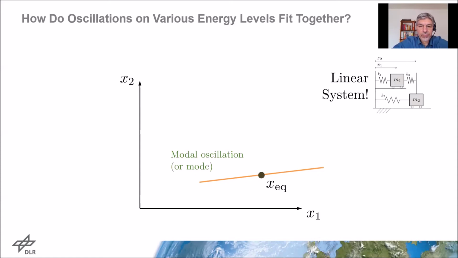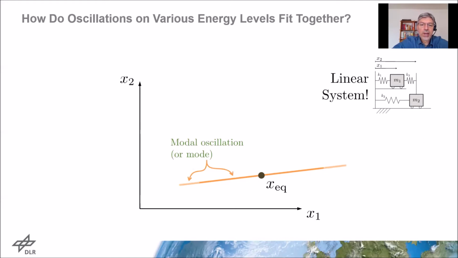We start from the linear mode, as we always did, and we know that the linear mode is a line passing through the equilibrium point, and the amplitude of the oscillation will increase for every energy level, but the motion will always stay on that line. Well, we cannot expect the same thing to happen in the Riemannian case because we don't have a generalized eigenvector in the Riemannian case.